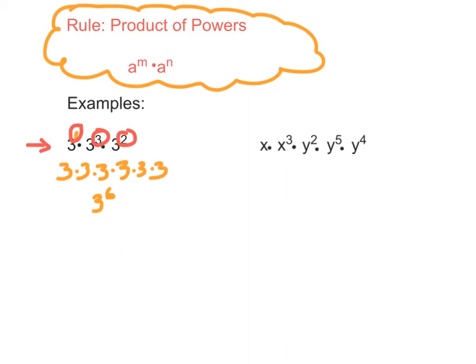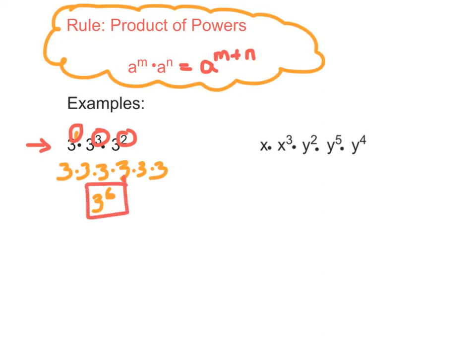The rule says that if we have a base of a and a base of a, both raised to a power, we can keep that base of a, and we can add the exponents. So again, 3 to the first times 3 to the third times 3 to the second would be, since they all have the same base of 3, 1 plus 3 is 4, plus 2 is 6, so 3 to the 6th power.